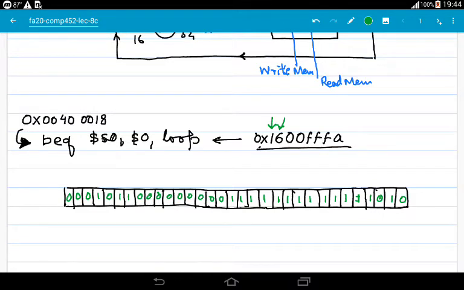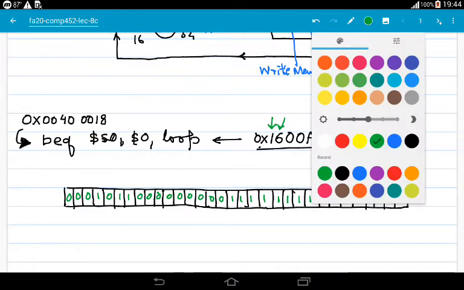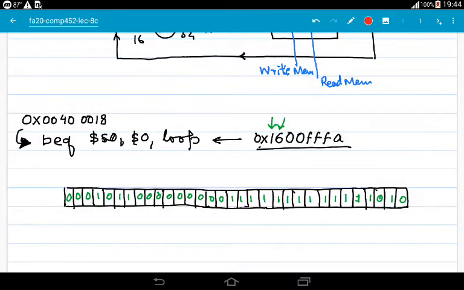Now let's break it up into its parts. This is the opcode, and this is the opcode for branch. And then next 5 bits, these are our S register, which in our case is S0.